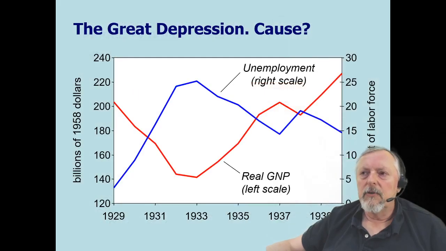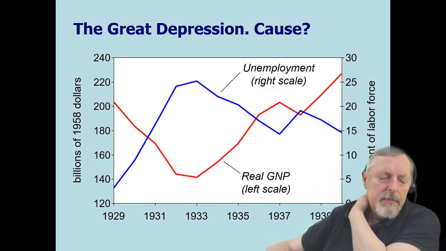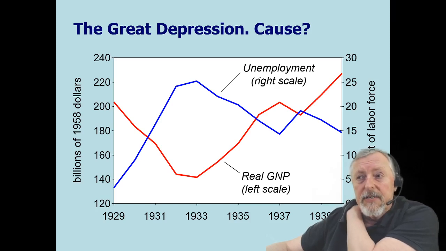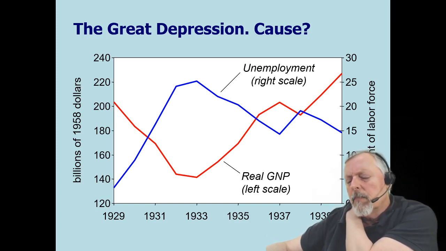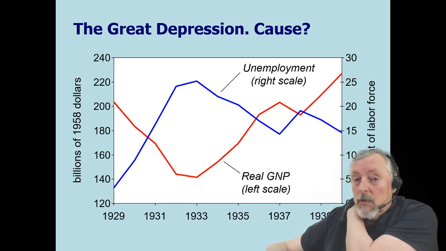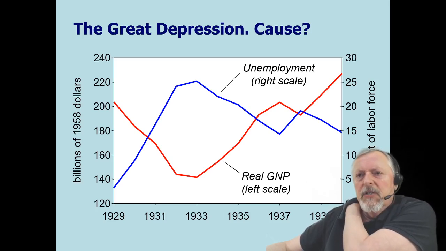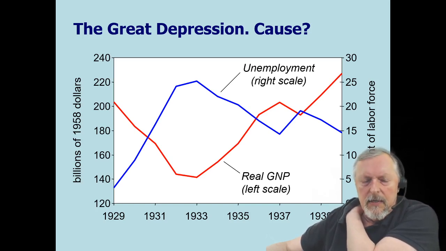Another example we can use the ISLM model to think about is the Great Depression of the 1930s. Starting in the early 1930s, the United States and, well, really the entire world experienced an extremely severe economic contraction.